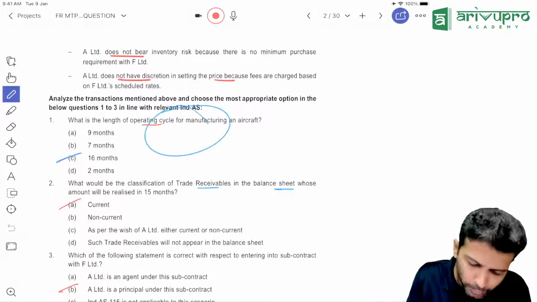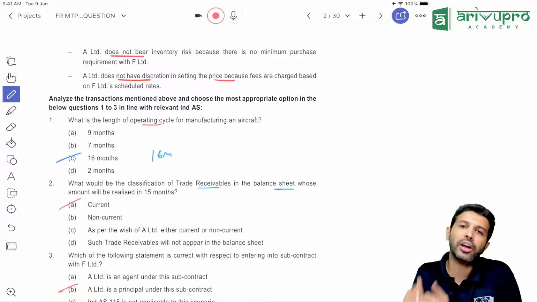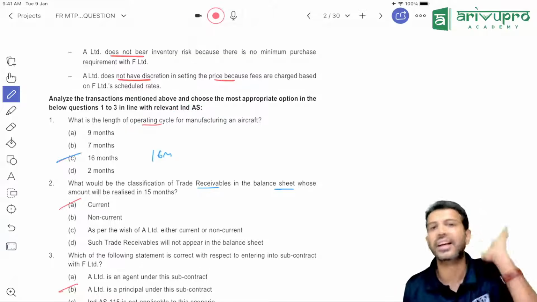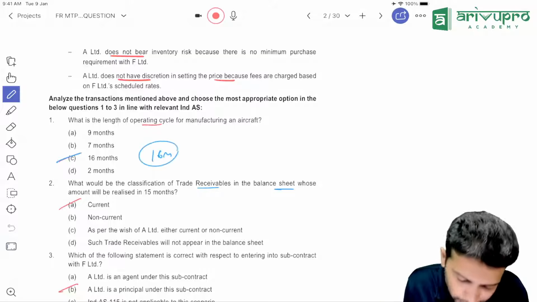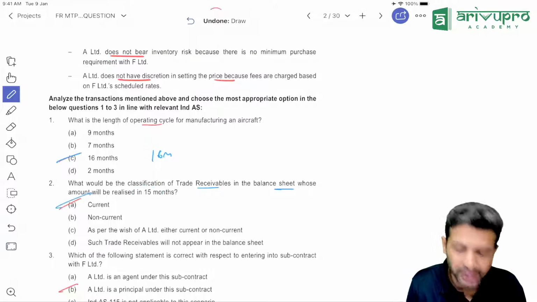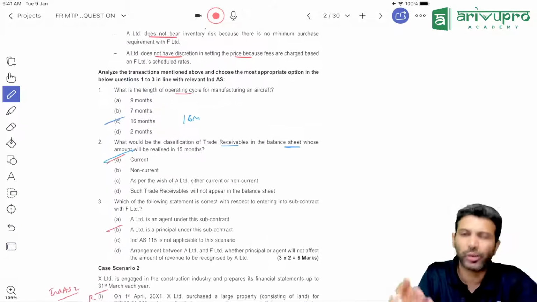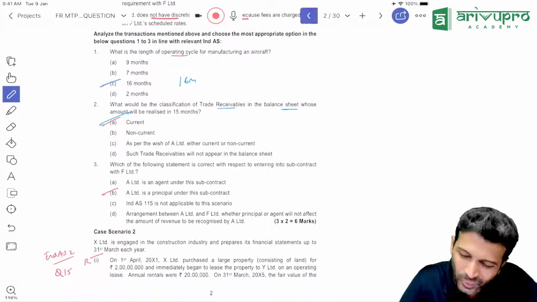Now we are using the operating cycle as a base. The operating cycle is 16 months. So if any component is within the operating cycle, we classify it as current asset. Since the debtor is expected to pay within 15 months, this debtor will be shown in the balance sheet under current assets. That's the requirement.